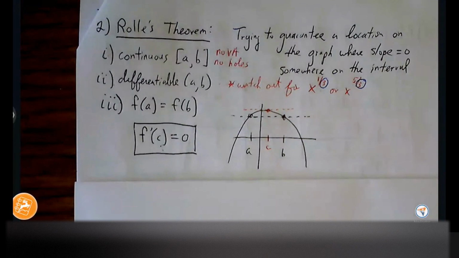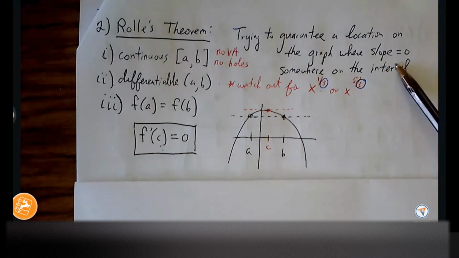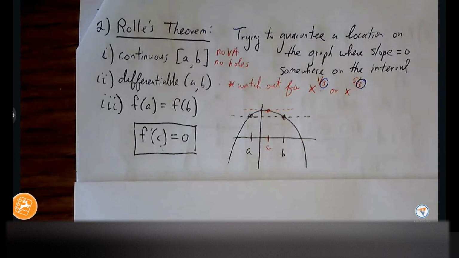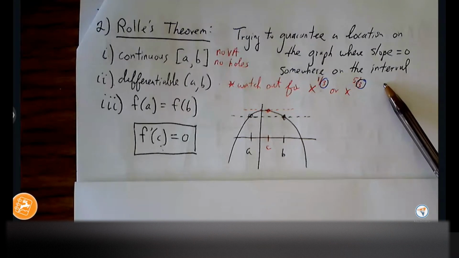The purpose of Rolle's theorem is to guarantee a location on the graph where there's a slope of 0. We don't really care whether that slope 0 is a max or min or neither. We're just looking for slope zeros, but we want the slope 0 to live between the interval or between the endpoints.